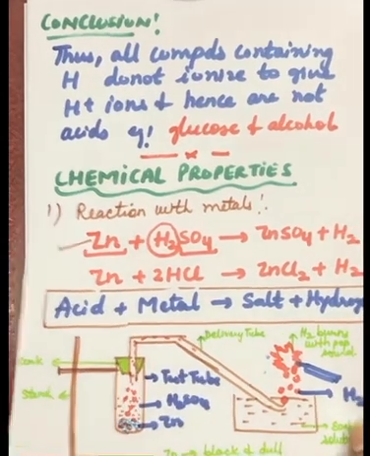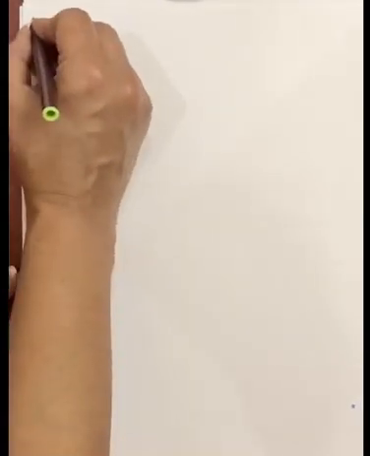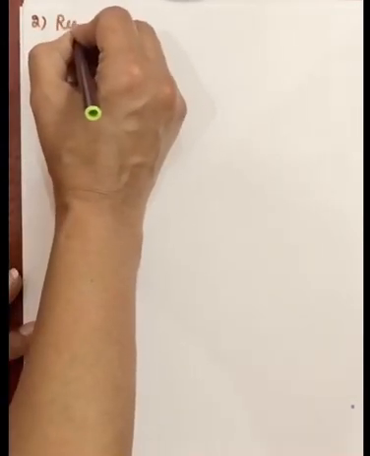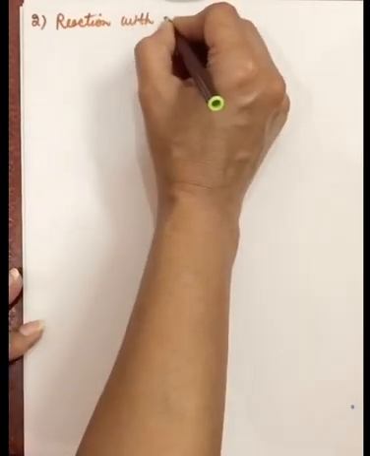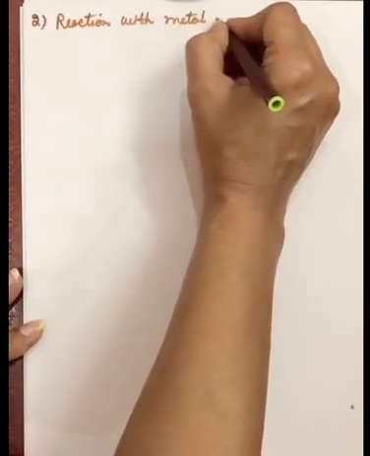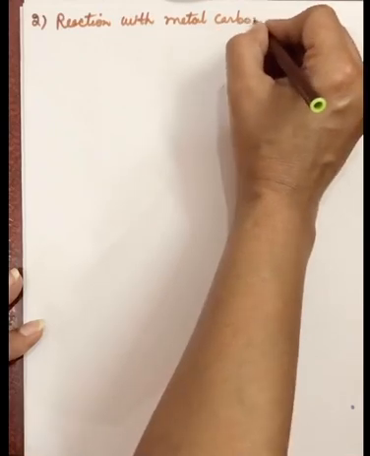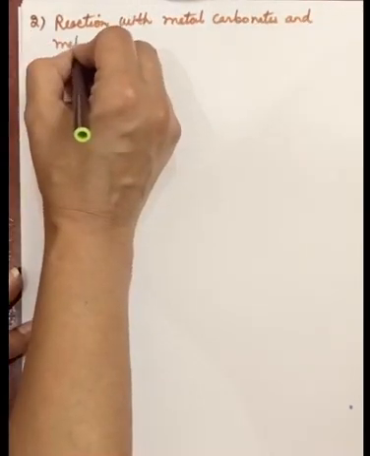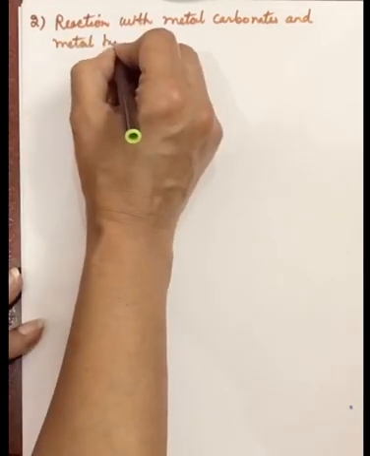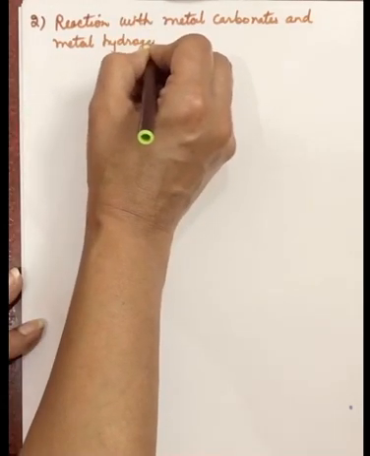Moving on to the second chemical property now. The second chemical property we are taking is reaction with metal carbonates and metal bicarbonates. Acid reaction with metal carbonates and metal bicarbonates, which are also called hydrogen carbonates.